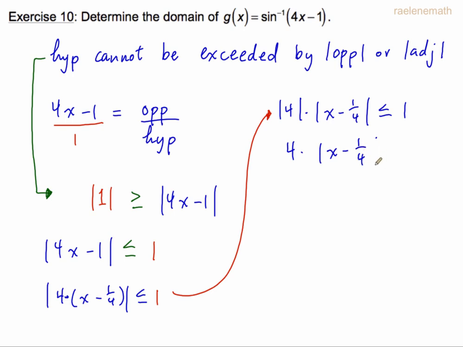So maybe rather than thinking of this graphically, I can think of this verbally, because I know absolute value is distance. And so I have the absolute value of x minus 1/4 is less than or equal to 1/4.